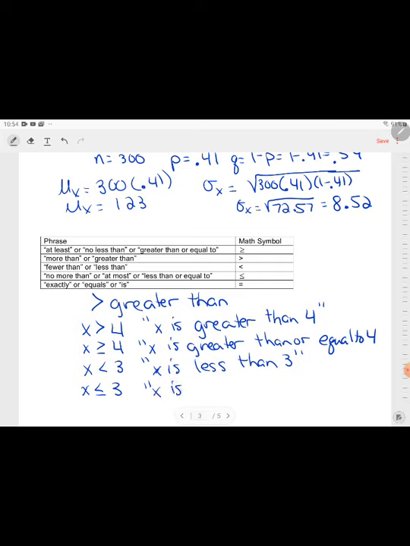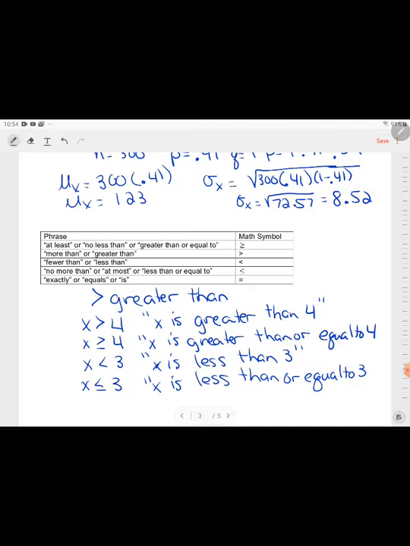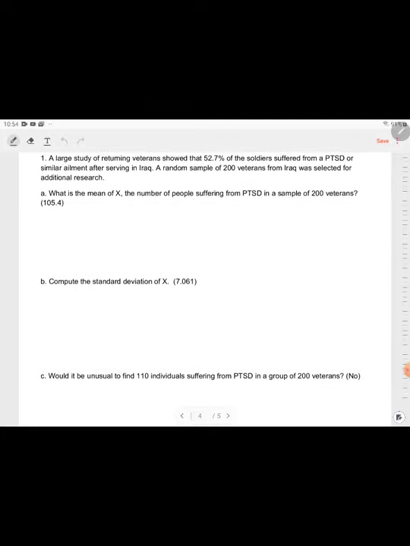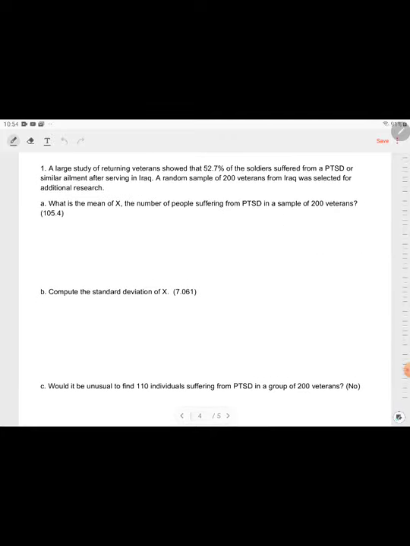So x is less than or equal to 3. All right, so we are going to review a couple things here. I would like to review what it means to be unusual, and that'll be part C.